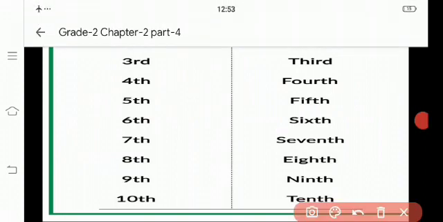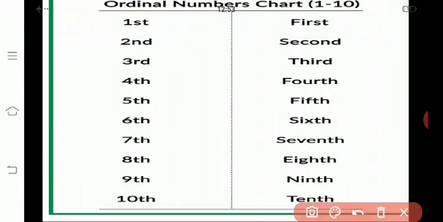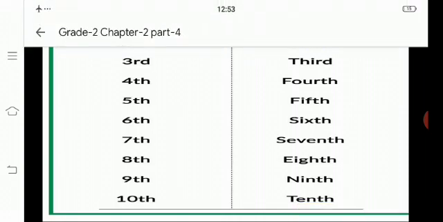See children, here now we are going to learn about the ordinal numbers 1 to 20. See the first one.